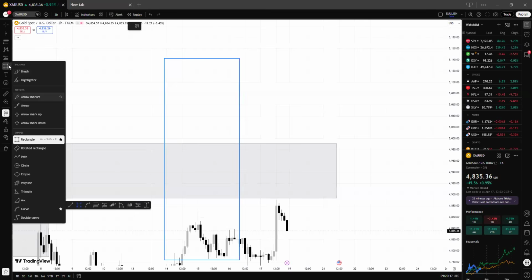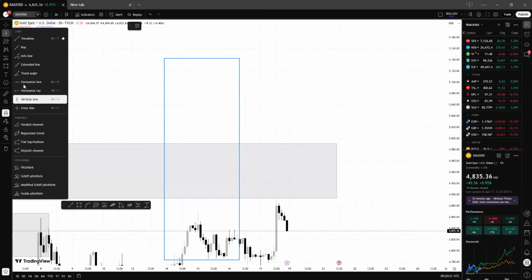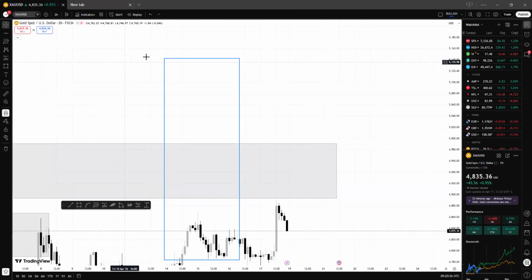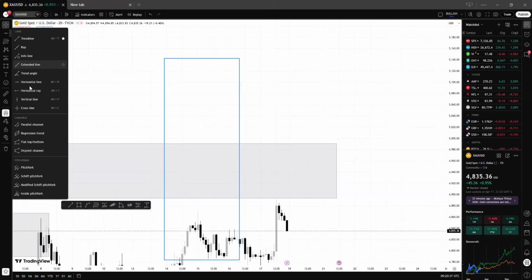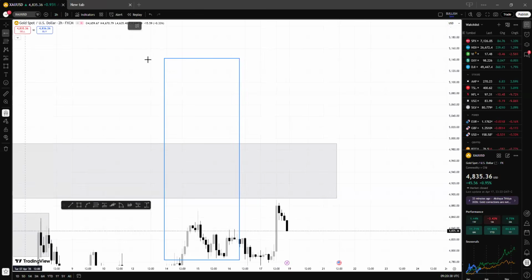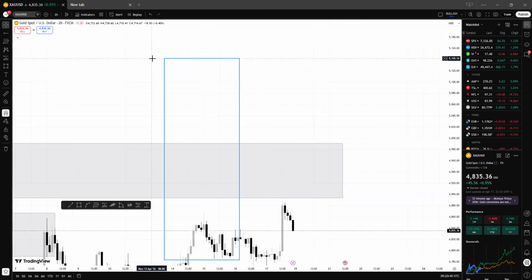Let me do this. I want a line that can come and mark like this horizontal line. Sorry, let me grab it again and put it here. I don't know why it's not showing, but let me check. Let me take another one. Sorry, I don't know why my line is not marking there.